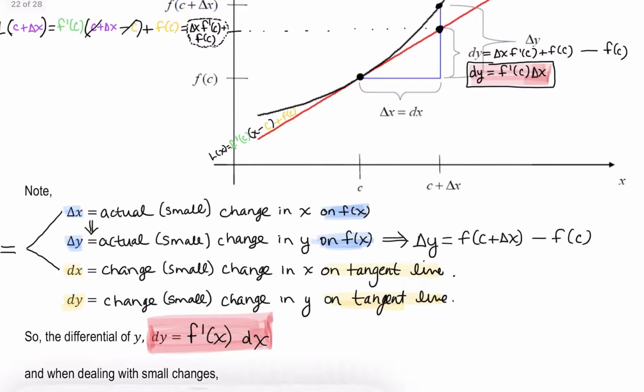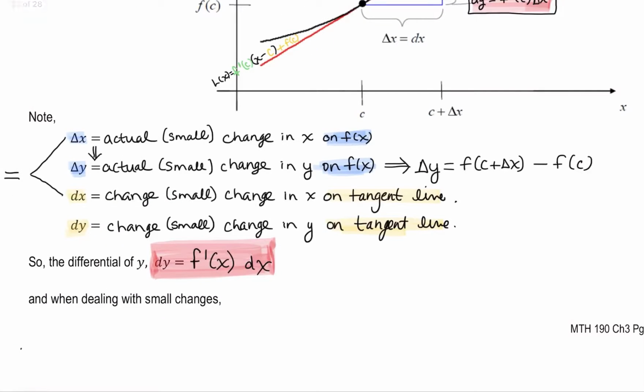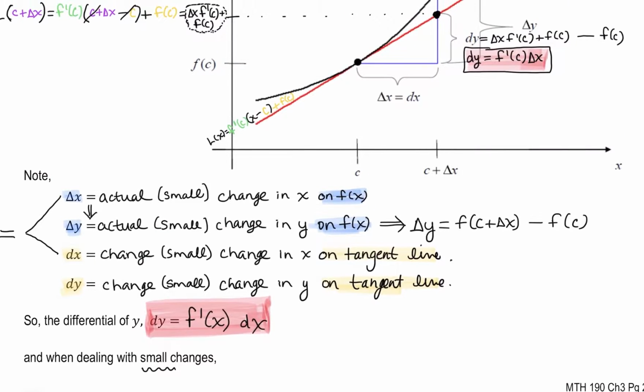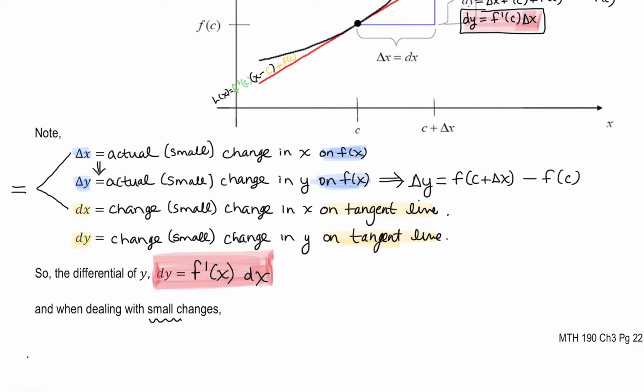So our whole idea in getting started is that when you're dealing with small changes, and remember I've been saying this all along, the delta x or the dx, those are identical, those are small changes in x, then that gives us these small changes in y. And what we observe even on the picture up there is that the dy is going to be a good approximation for the actual change in y.